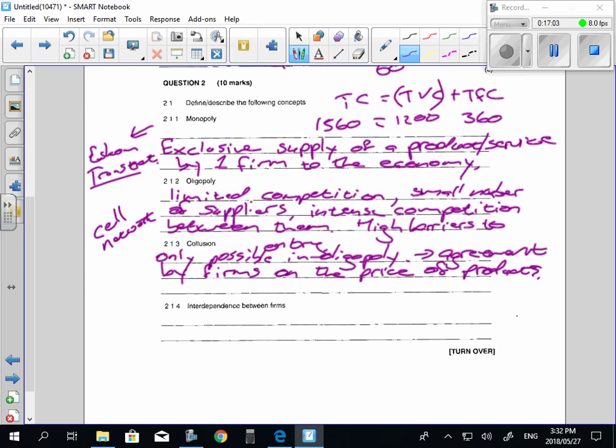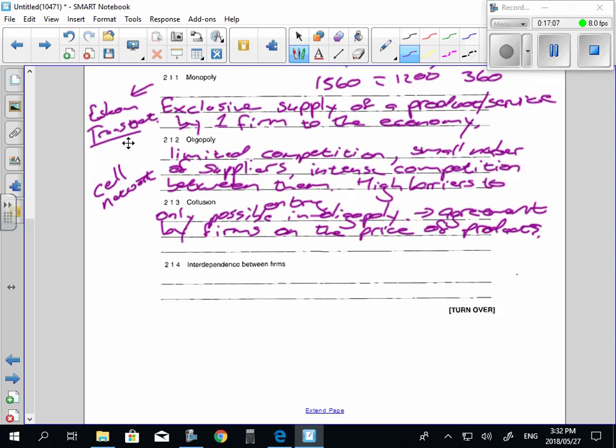Interdependence between firms. Basically, interdependence, you should know what that means. It's when you depend on somebody else or something else. So interdependence between firms occurs because of specialization.